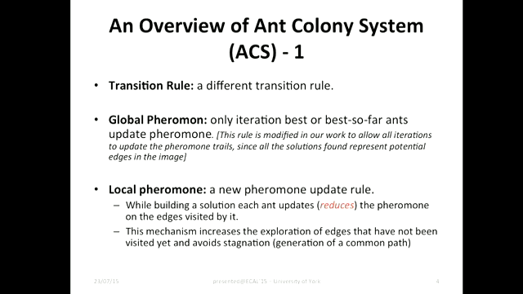In this way, it increases the exploration probability and avoids the stagnation problem, which is a well-known problem that can be observed when using ACO algorithms, where the solution is not improving over iterations.